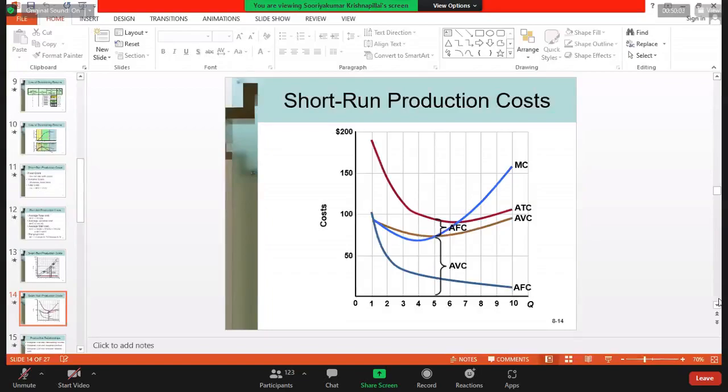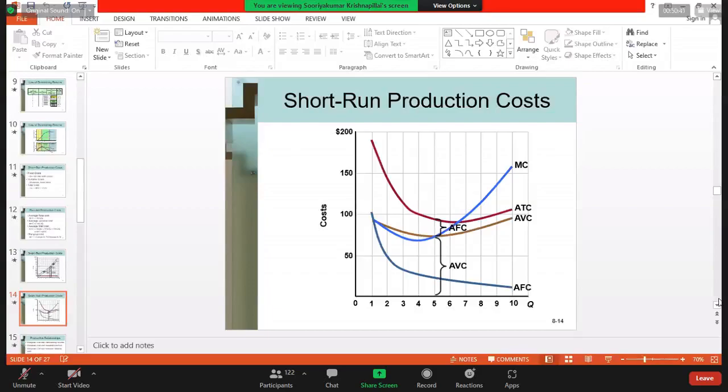So you can see this marginal cost curve intersects at the minimum of average variable cost and average total cost. We saw in production, the marginal product intersects at the maximum point of average product. Then the marginal cost intersects average variable cost and average total cost at the minimum.